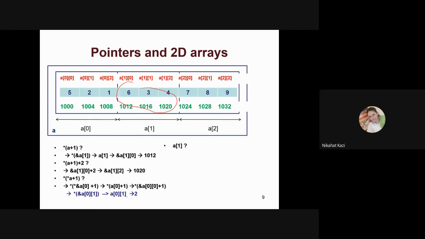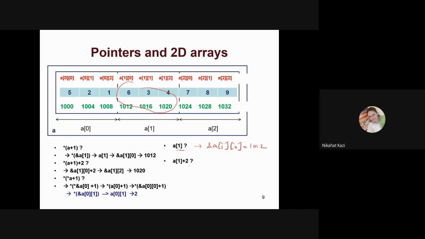We used pointer notation; now we will use array notation. What is A of 1? Address of the second array. It is the array name for the second array. That means 1012 should be the answer, right? A of 1 is the array name. Array name written as it is means address of, which is nothing but 1012.